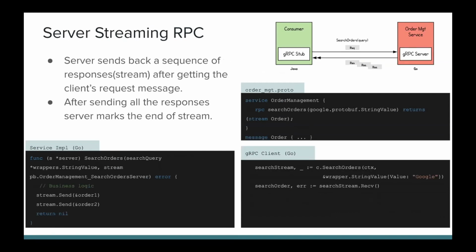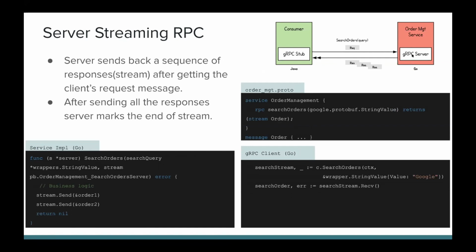This is the server-side streaming protocol, where you send a single request, but as part of the response, you get multiple responses, which means you're getting a stream of responses from the service. If I go to the service definition, you again define an RPC service definition with your remote method, and as the return type, what you have is a stream of order objects.